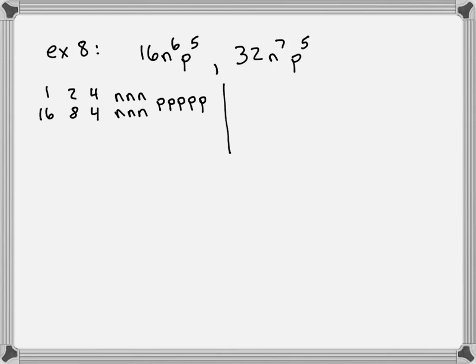Factors of my second monomial, I have 1 and 32, 2 and 16, 4 and 8. I have 7 n's, and I have 5 p's.